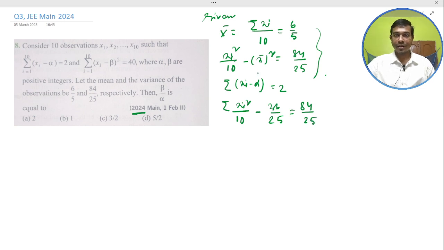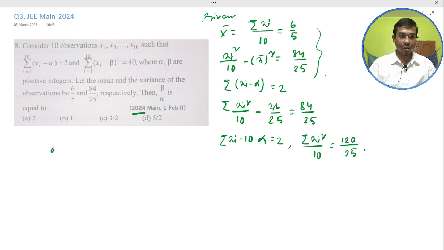Put this value in this equation. Okay, x bar means what? X bar is 6 by 5, so 6 by 5 whole square, put this. And another one, that is the summation xi minus 10 alpha, this is 2. That means summation xi square by 10 is equal to 120 by 25. Okay. Now solve.